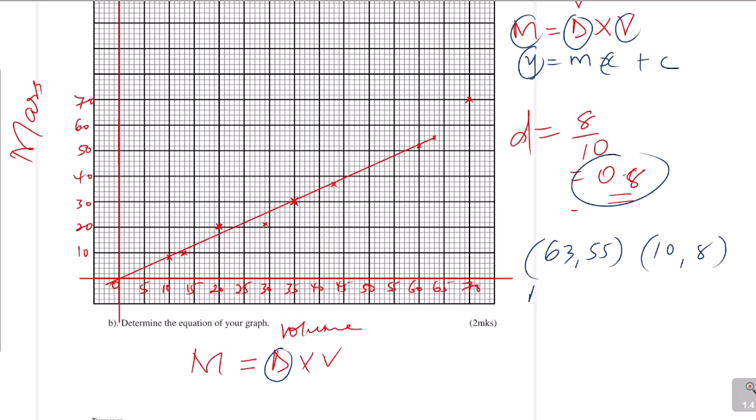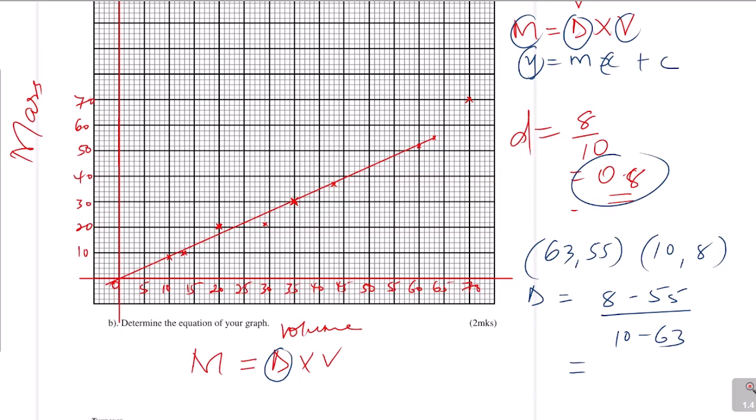The gradient, which is the density, will be given by 8 subtract 55 divided by 10 subtract 63. So 8 subtract 55, 10 subtract 63.